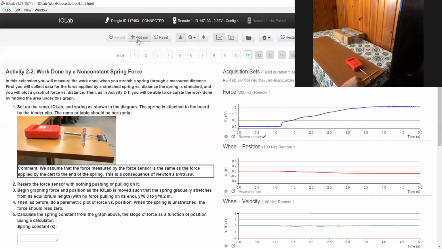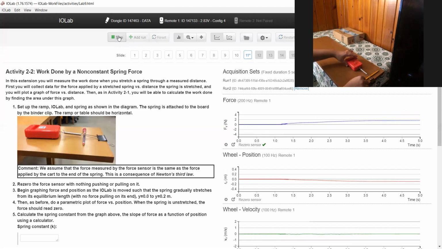As you already know, you can add on. So, nothing pulling or pushing. We can raise the sensor, not let it fall. Then record it and slowly push it. I think I did it fast, but that's okay.